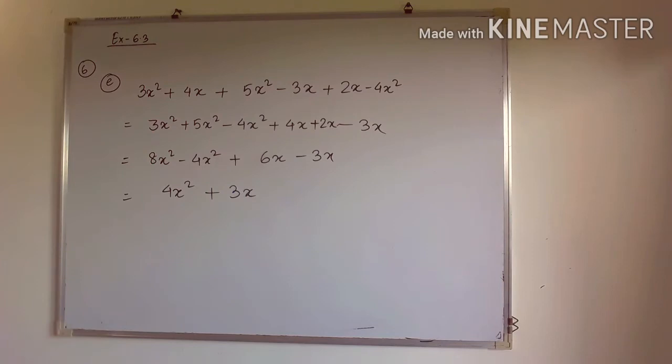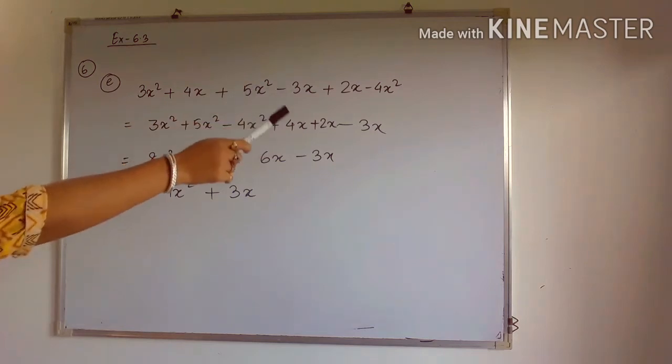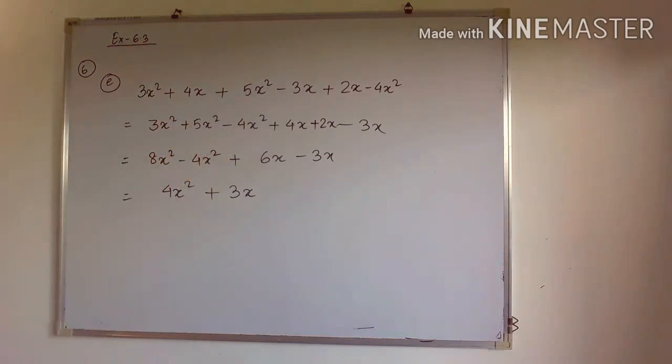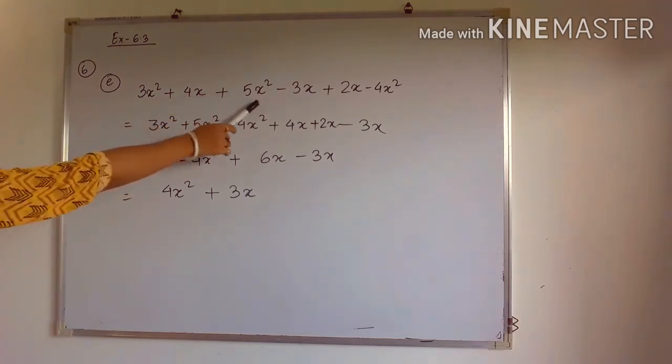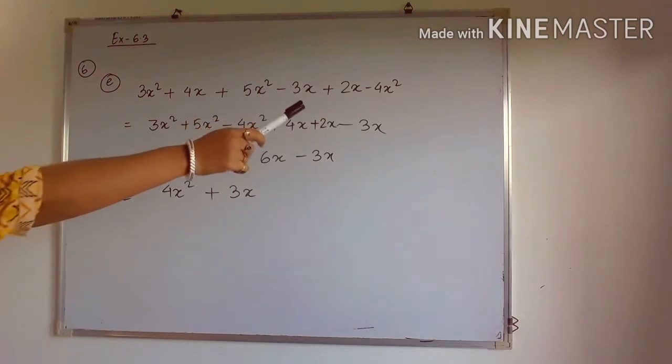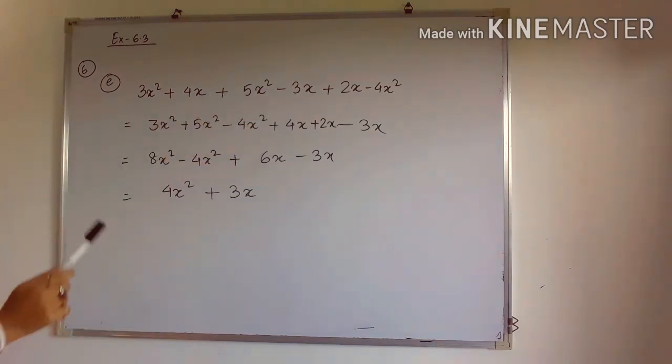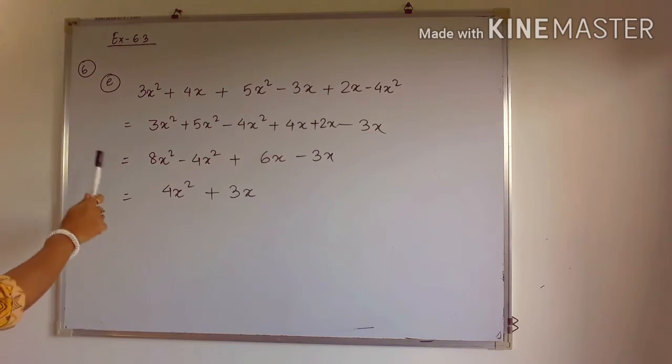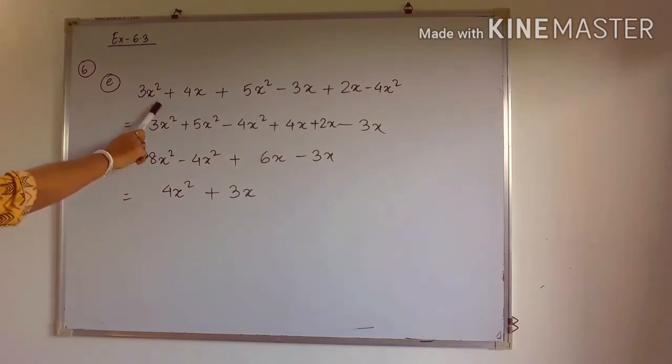I am doing another question from number 6, that is C. Here the terms are 3x square plus 4x, 5x square minus 3x, 2x minus 4x square. First of all you have to add, because it is written that you have to find the sum. So you have to add all the algebraic expressions, then collect the like terms.